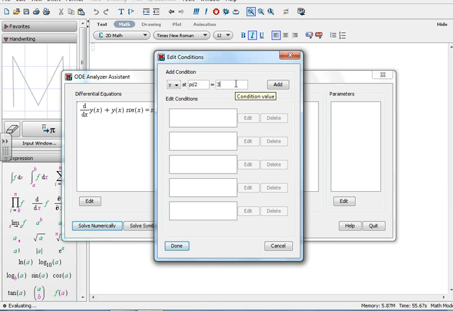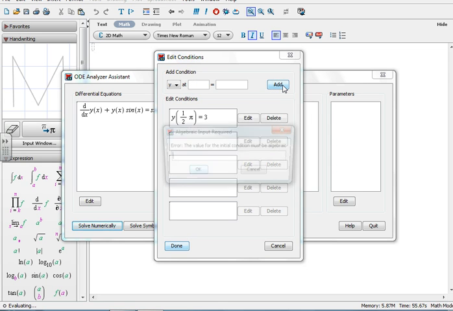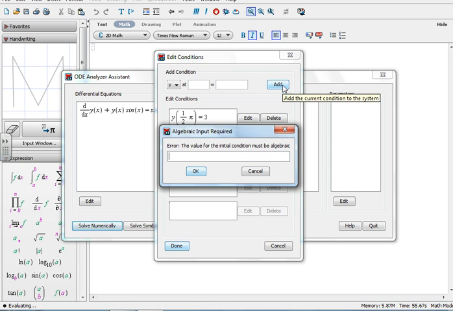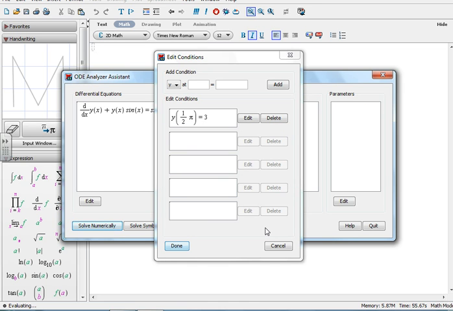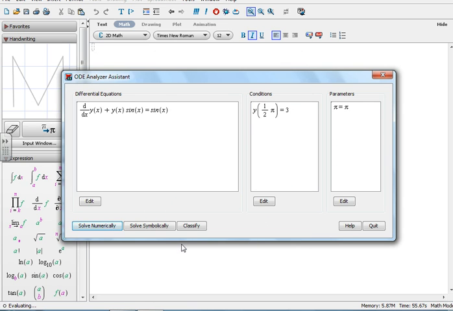Can't be that easy though. Come on. Oh yes! Error. The value for the initial condition must be algebraic. It is algebraic. All right, so we're done. Oh, it's calling pi a parameter.